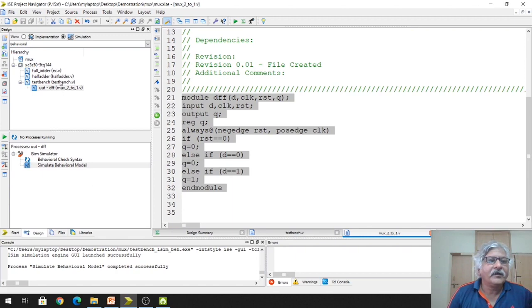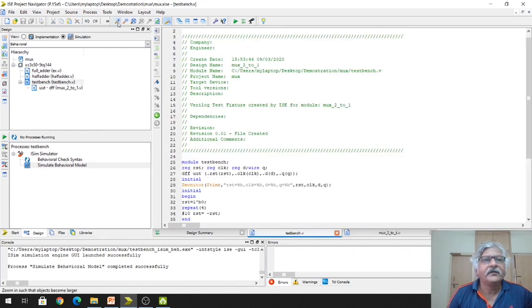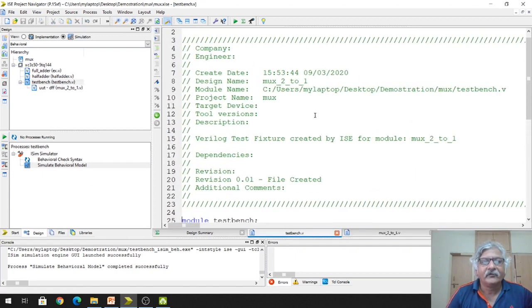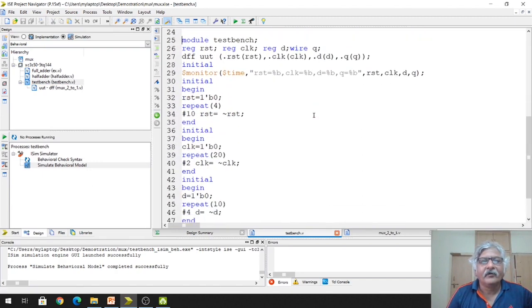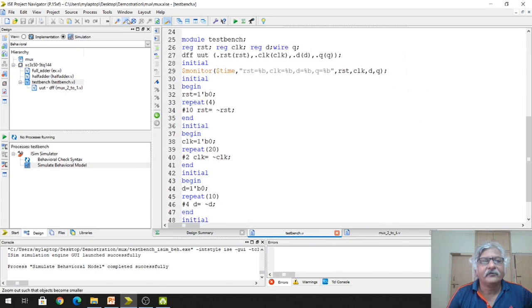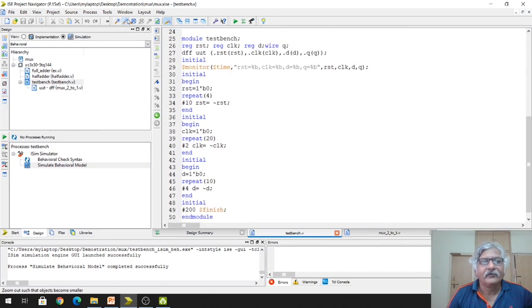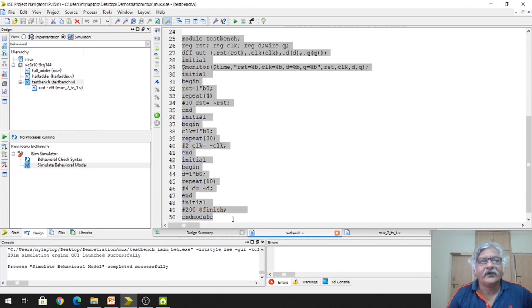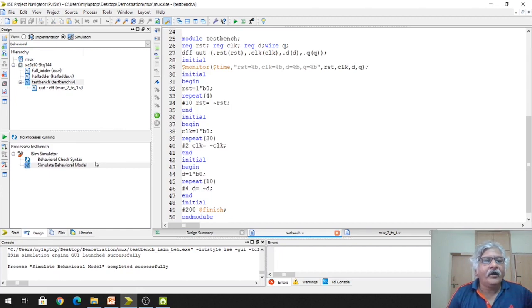Now see the test bench. I have written this test bench, right? This is the test bench. Whatever we discussed just now. Now I will simulate this.